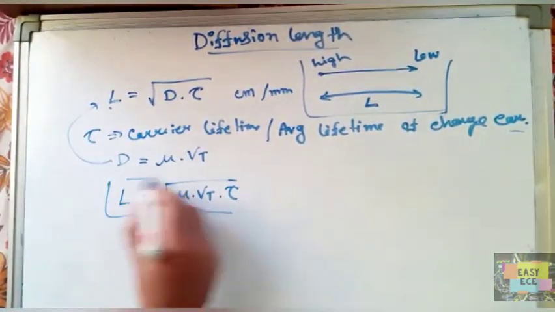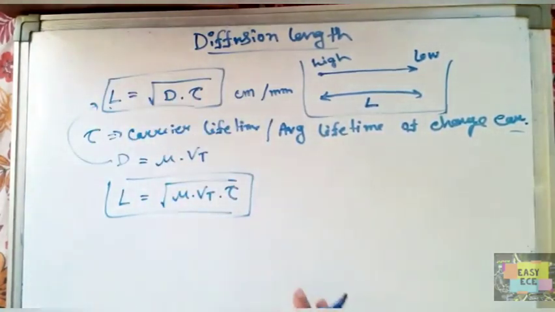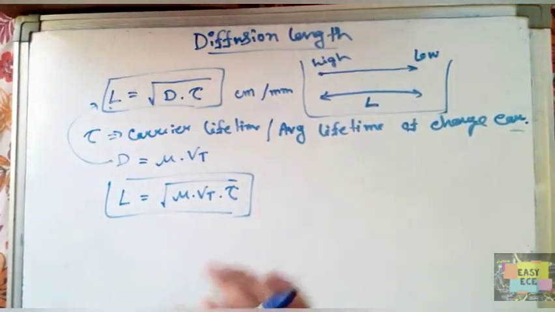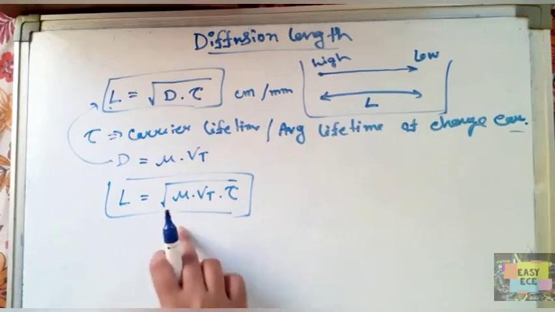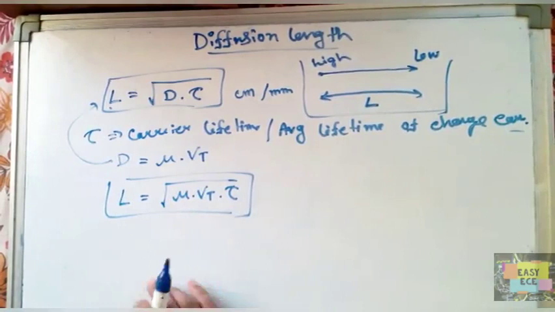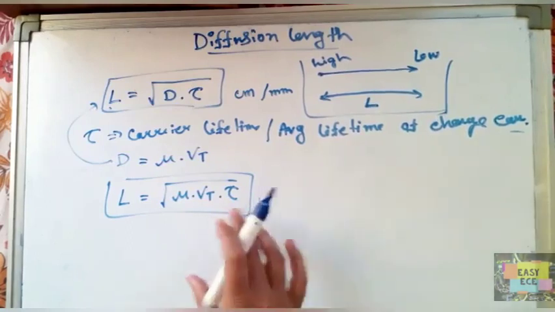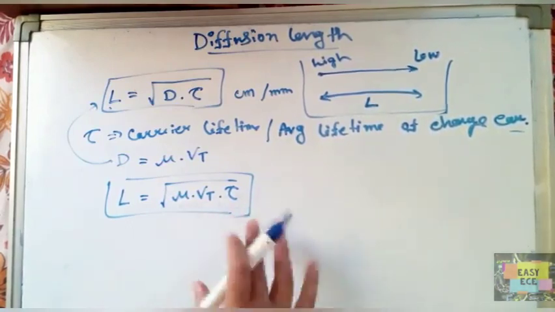So this is another formula for the diffusion length. So diffusion length depends on mobility as well as threshold voltage as well as carrier lifetime. That is, the average length of diffusion depends on these three variables.